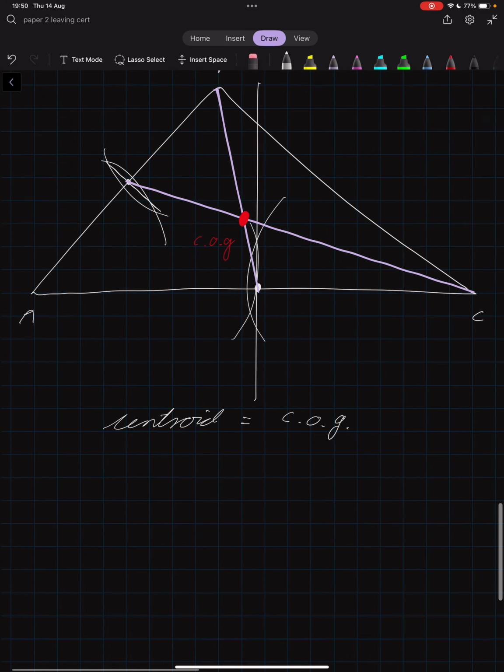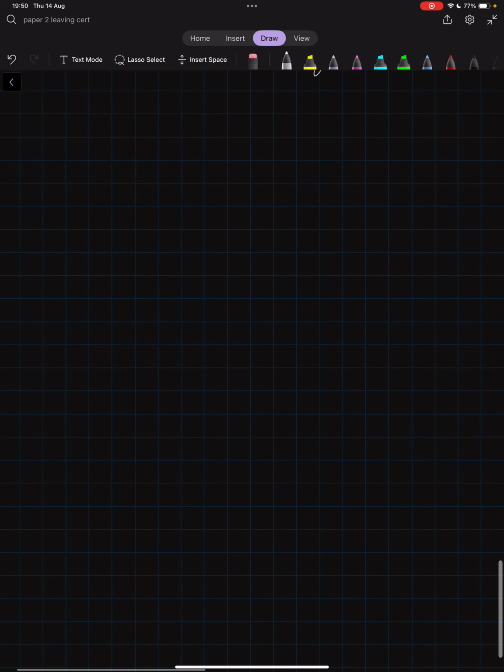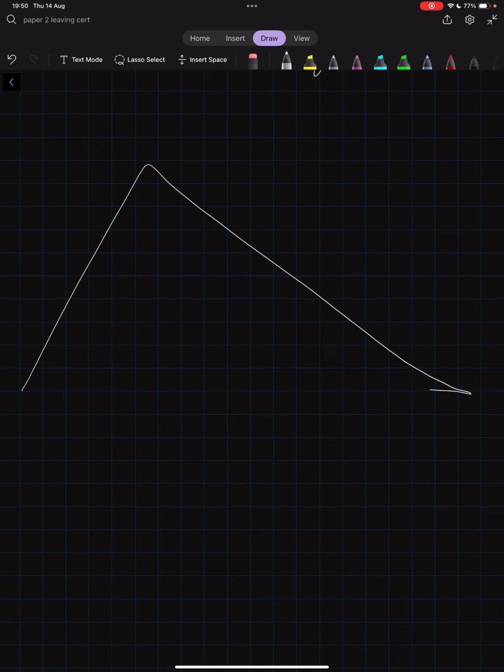All right. And then finally, let's do the orthocenter. So ortho basically means right angle. So what you do is, so again, if we have A, B, and C, what you do is you basically just get the altitudes.